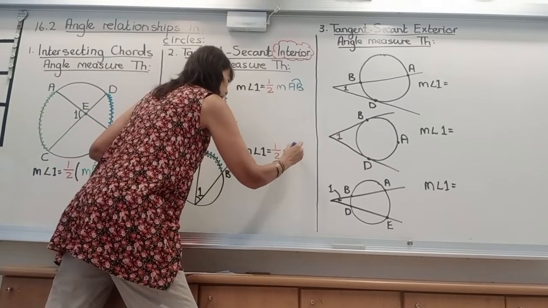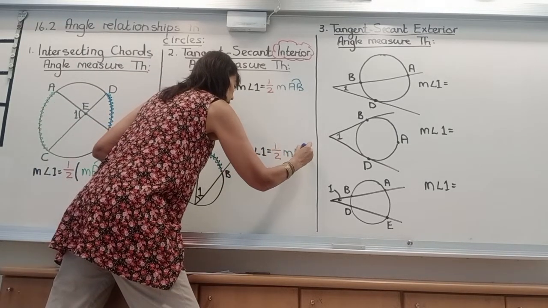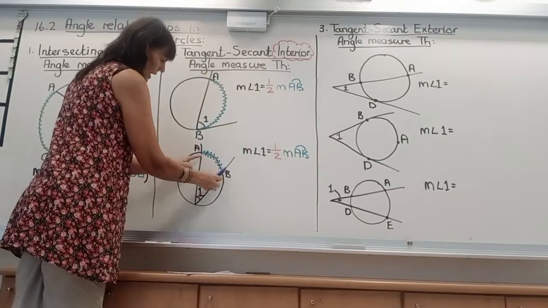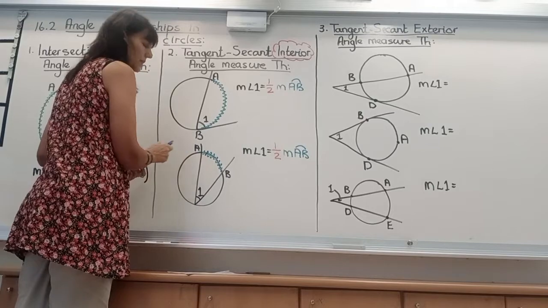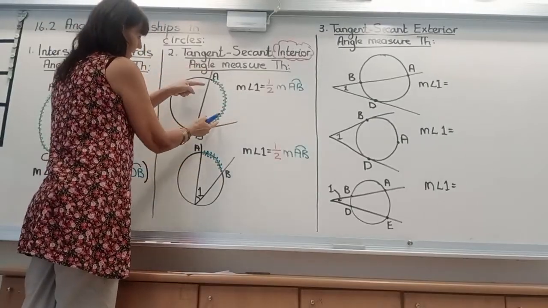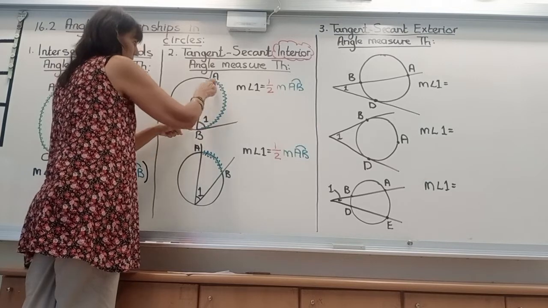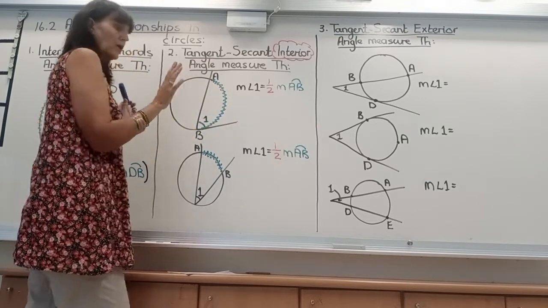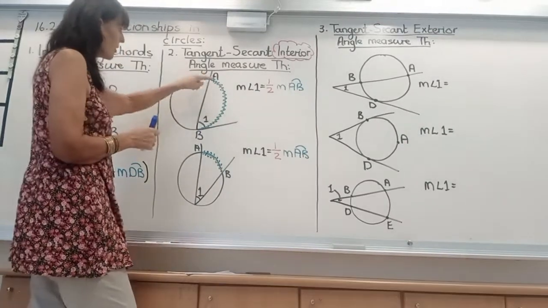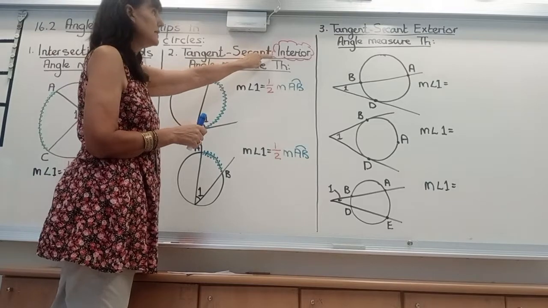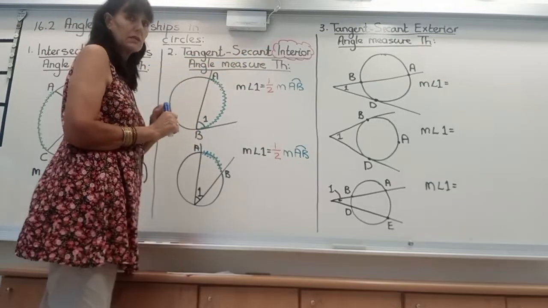The measurement of AB arc. And you can see the angle is lying on that arc. The angle is lying and it's included with that arc. And now no adding or subtracting, just half of the arc, half of the arc. This is the easiest one, the interior angle measure theorem.